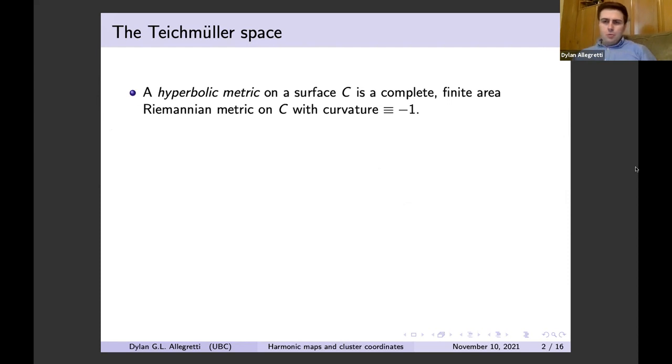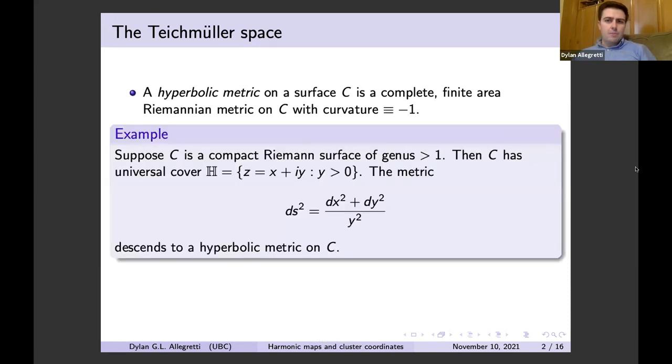And so how do you give examples of such things? One way is as follows. We could suppose that our surface C is a compact Riemann surface of genus bigger than 1. In that case, you have the uniformization theorem telling you that the universal cover of that surface is identified with the upper half plane.